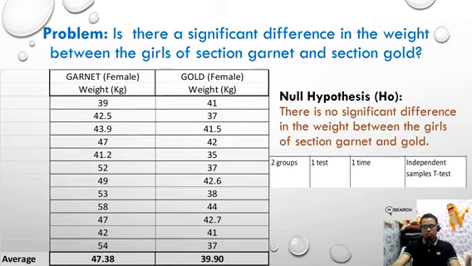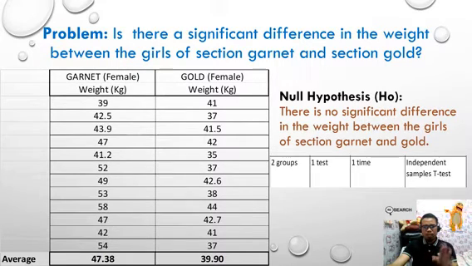So first, before we go to the statistics calculator and decide when to use the independent t-test, paired samples t-test, or one sample t-test, I want you to determine how many groups there are, how many kinds of tests, and the number of times the test was given.